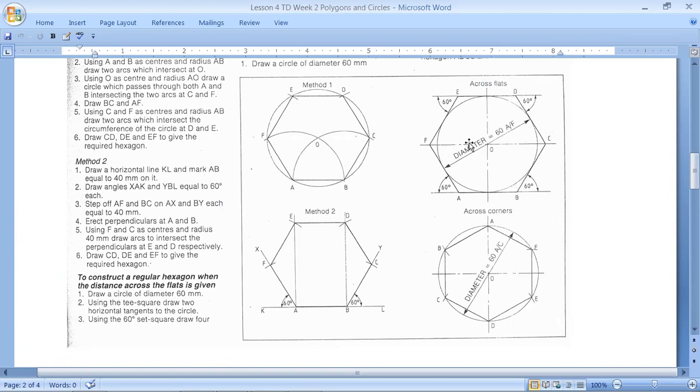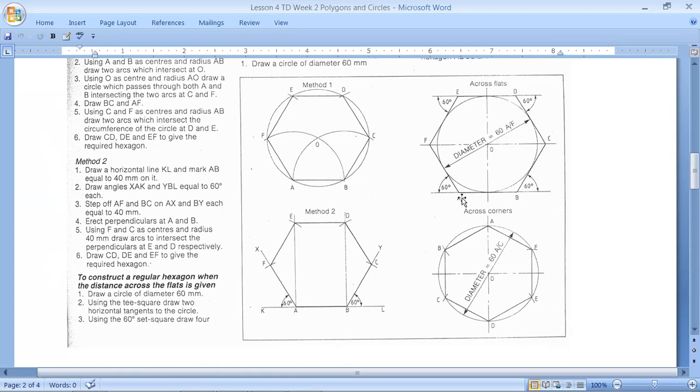For the inscribed one, imagine that the inscribed diameter is 60, called diameter across the flats, AF 60. You draw a circle, diameter 60. You open the compass to a radius of 30, and draw your circle.